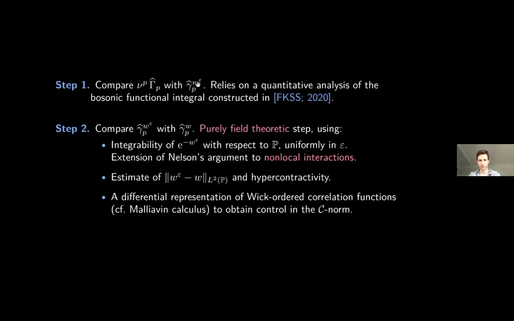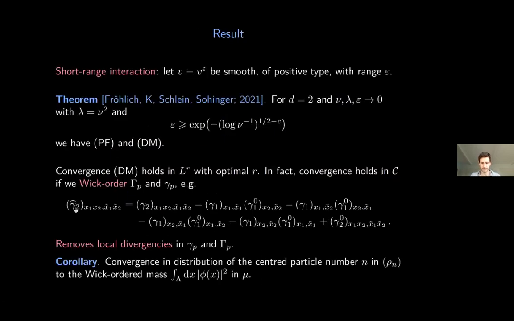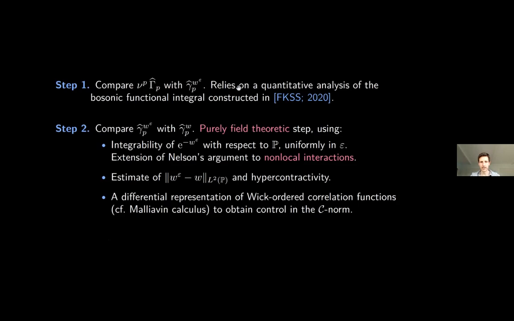I use this superscript to denote the interaction of the field theory. I put in hats to emphasize that these are the Wick-ordered correlation functions. The proof works entirely on the level of the Wick-ordered correlation functions, these ones here. And I will say much more about this because this is a tricky step.